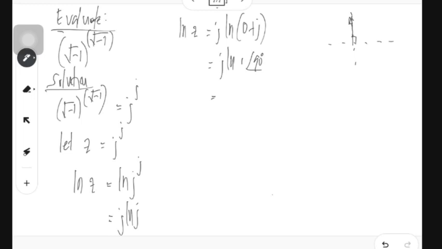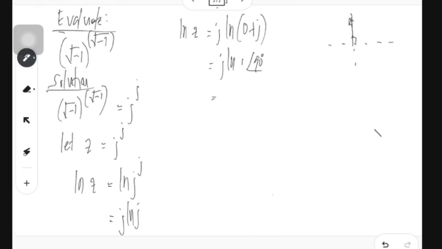But taking natural logarithm of complex quantity, the rule is it must be in exponential form. Under the exponential form, we have here, no need to write 1, e to the j pi over 2, since 90 degrees is pi over 2. Using third property, ito yung magiging j pi over 2 times j natural logarithm of e.